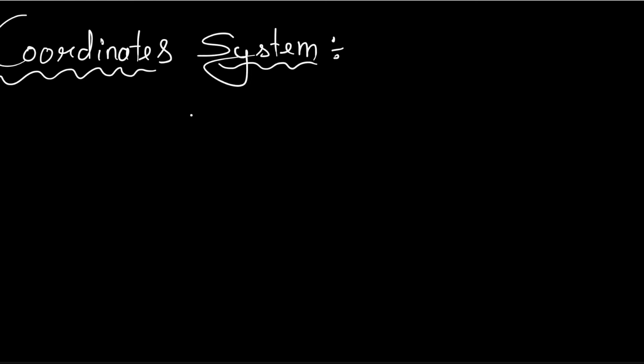We are going to start with the coordinate system, and mainly there are three types of coordinate systems we will discuss. The Cartesian coordinates, we are all aware of it, the second is polar coordinates, and the third is the cylindrical coordinates.